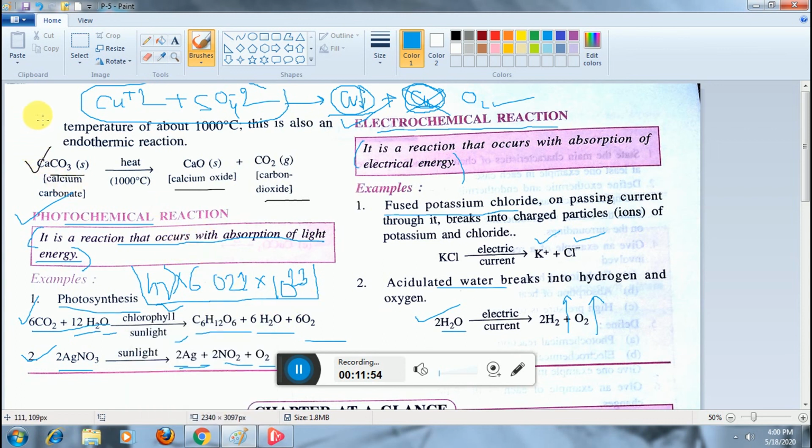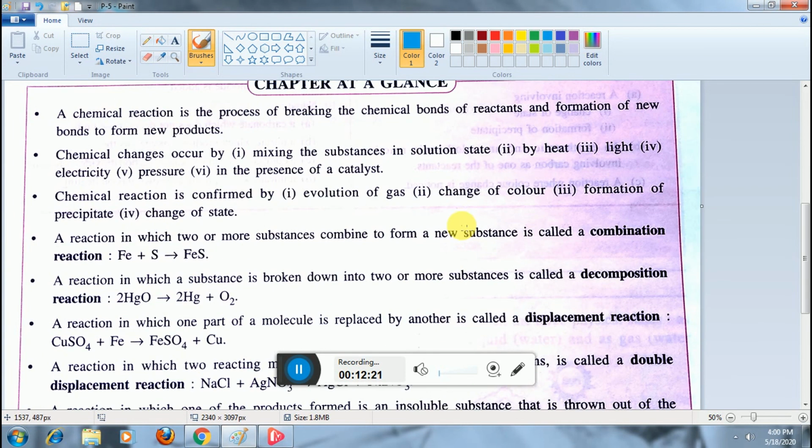So the products of electrochemical reactions also depend on the nature of the electrode. An electrode may be attacking or inert. In higher classes you will learn about these things.